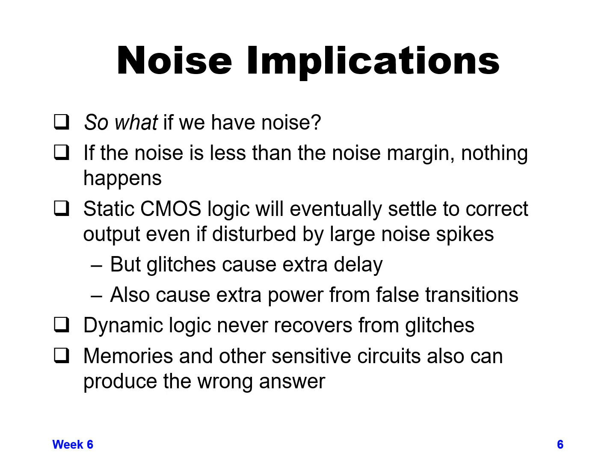Now, we could also, in static CMOS logic, if we have noise and then that noise gets overridden by the victim driver, it will eventually settle back into a correct output, even if you have a large noise spike that does cause a glitch.